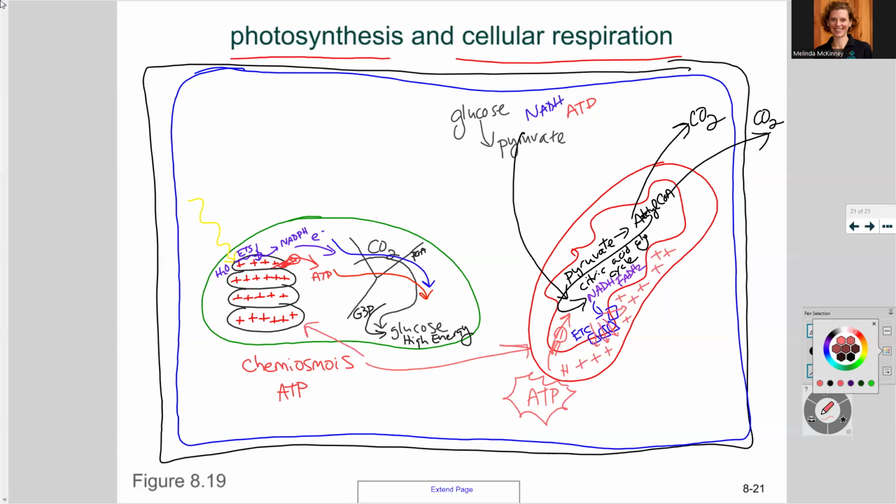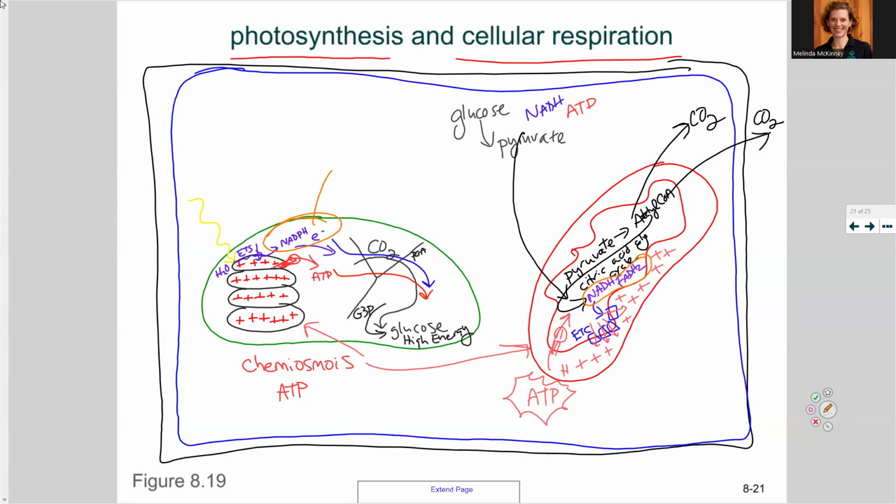So similar points for these, we have the electron carriers, right? Maybe orange here. So I've got the electron carriers in both that are shuttling high energy electrons from one place to another. NADPH is the one in photosynthesis. NADH and FADH2 are the ones in cellular respiration.